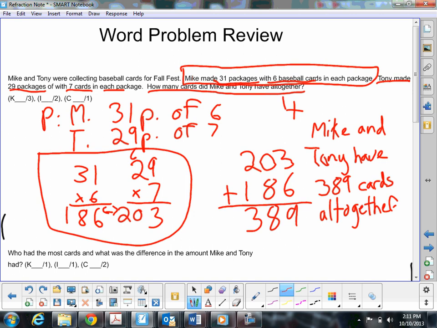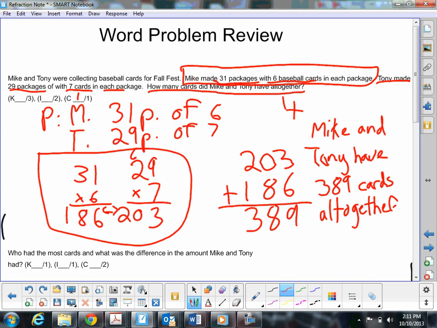When doing this sentence, Mike and Tony need to be capitalized. Make sure you have a period, okay? If you're looking at this question, there's only one sentence because there's only one communication mark. For inquiry, well, you have to find the important information.